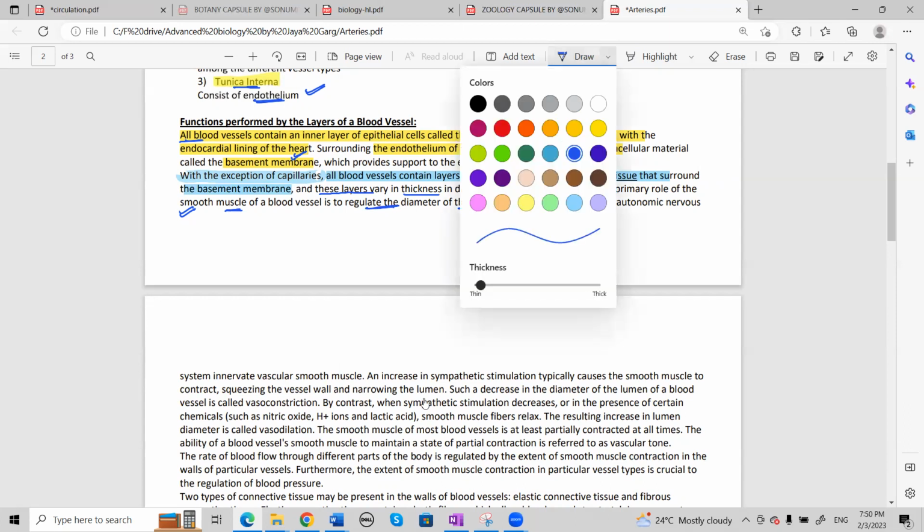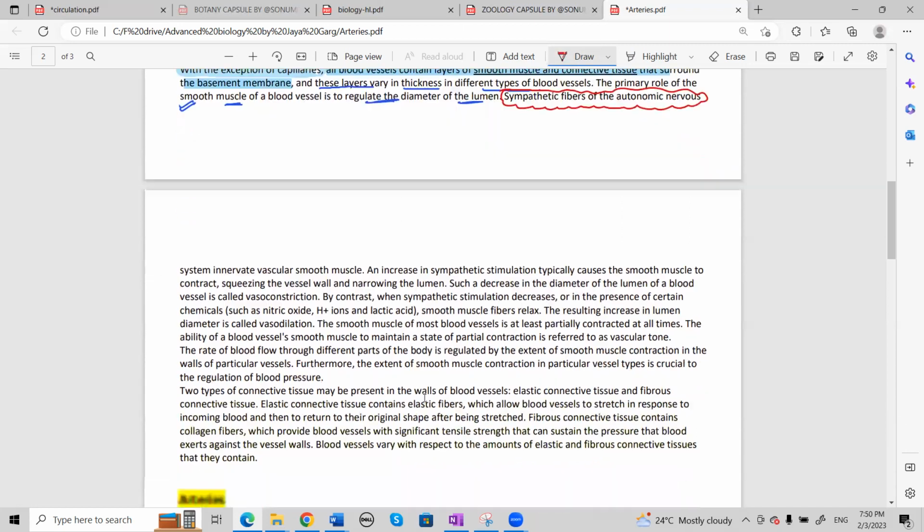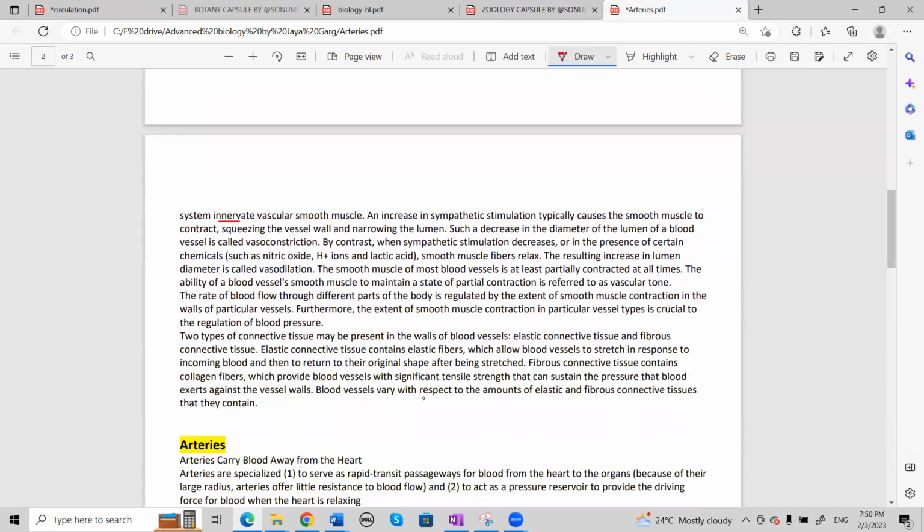If you see carefully, there is sympathetic nerve fiber, the sympathetic fiber of the autonomic nervous system. When the sympathetic fiber of the autonomic nervous system is sending nerves to the smooth muscles, if there is an increase in the sympathetic fiber, what will happen? It will make the smooth muscles contract.